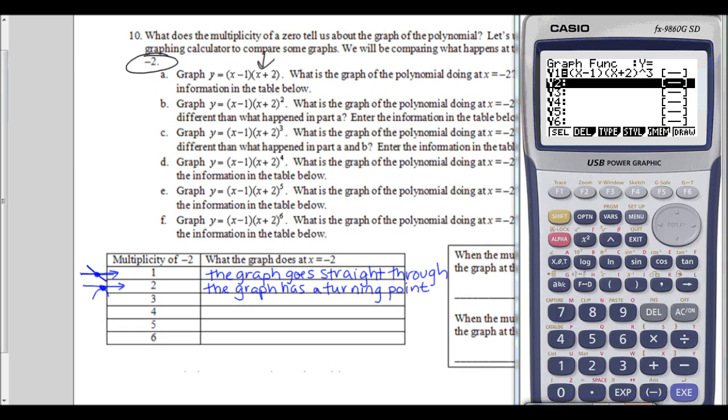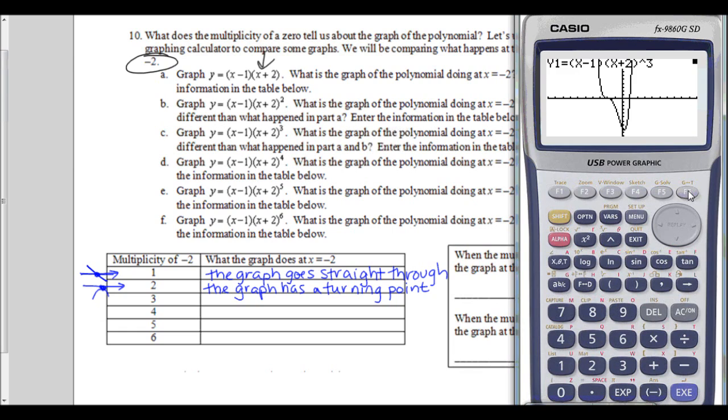Okay, then I have to make my factor a cube. When I make my factor a cube, now my graph looks really strange. Again, if I just look at this tiny little spot right here, what's my graph doing? It's making the bendy shape. That's the shape that's associated with a cubic, and that was the multiplicity of this 0.